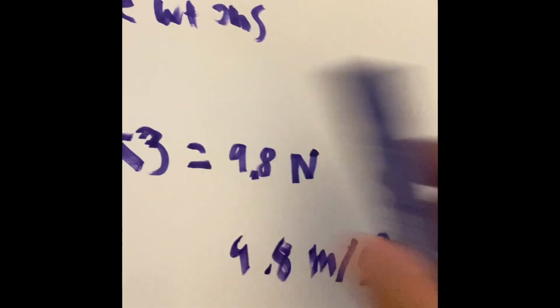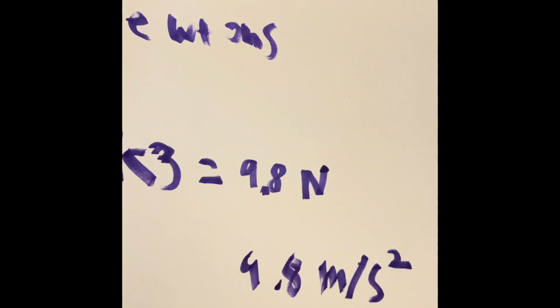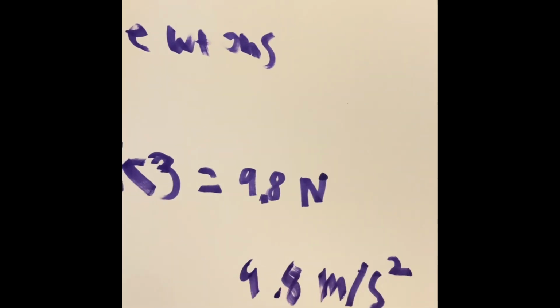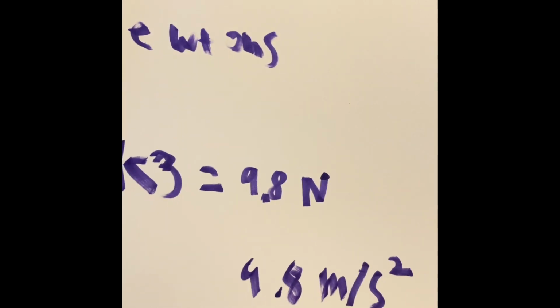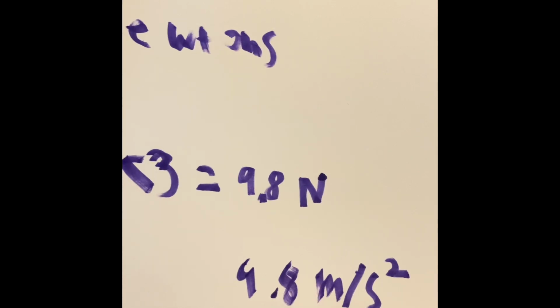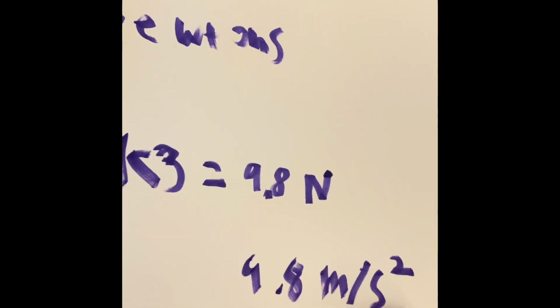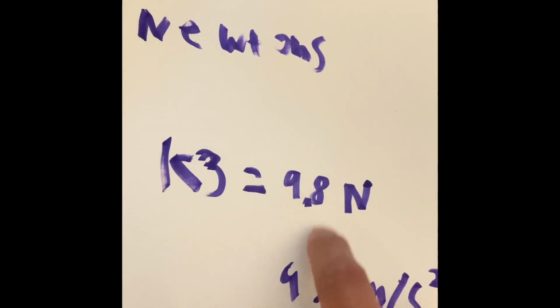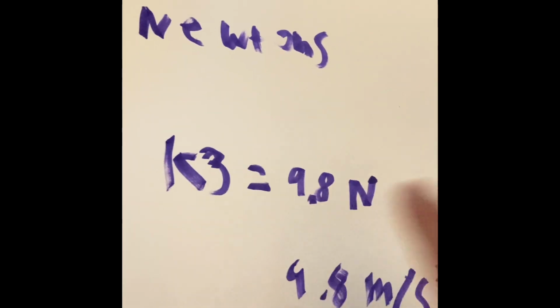If you drop this pen from a top, it will fall 9.8 meters per second squared. So anything you throw off a cliff will go at 9.8 meters per second squared. So with newtons, we're going to calculate how much force is being applied in motion.